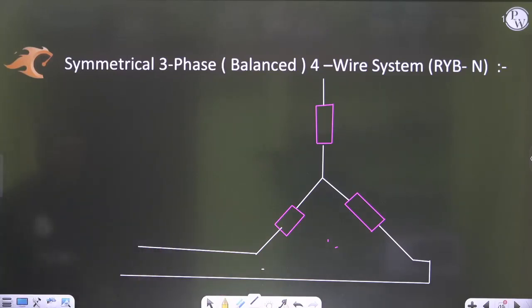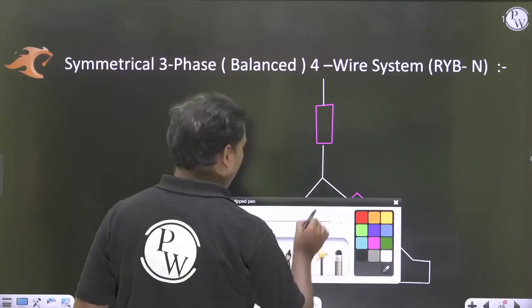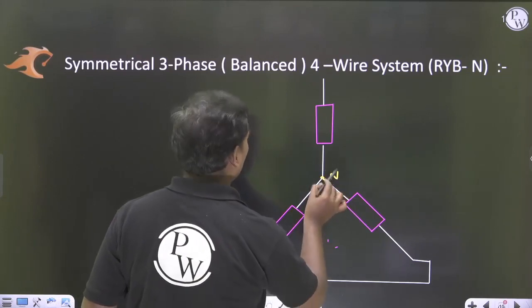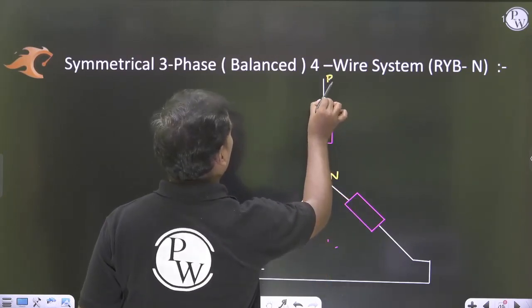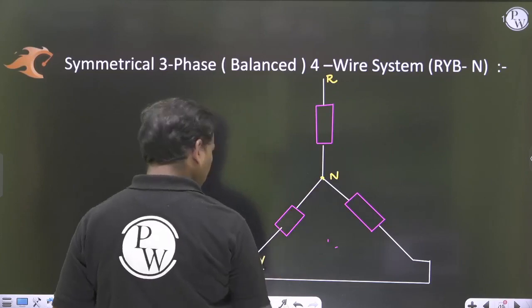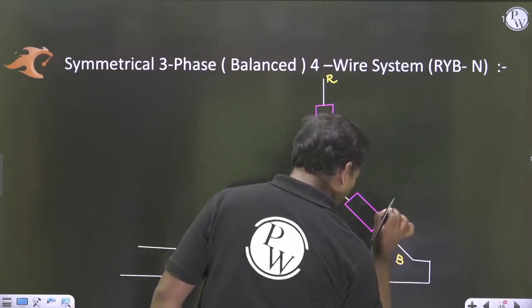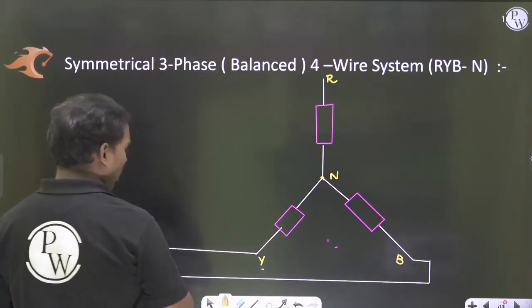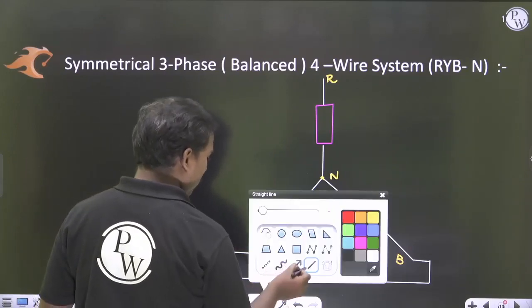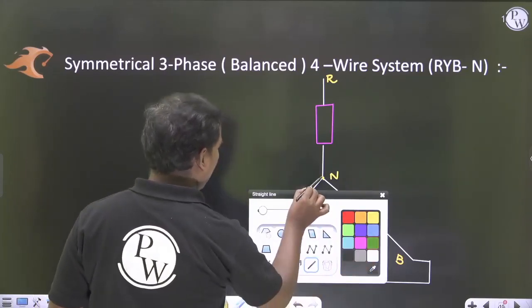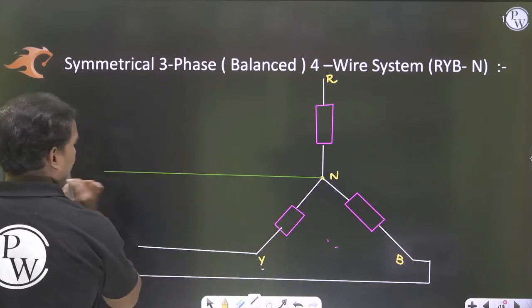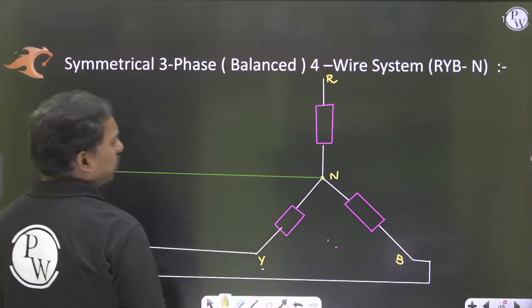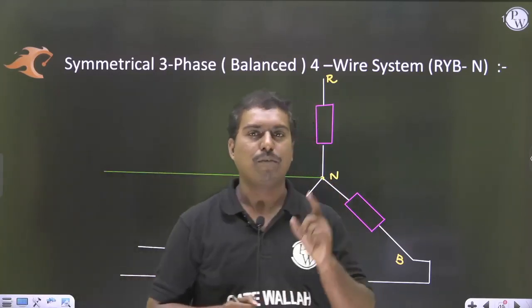So now this is our neutral line. So this is our R, our Y. So what to do now? Symmetrical 3-phase balanced 4-wire system. So if I am taking a common line for the neutral, to measure the power in one phase, what do I require?